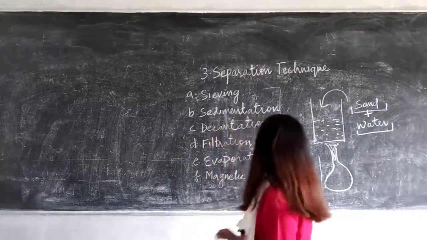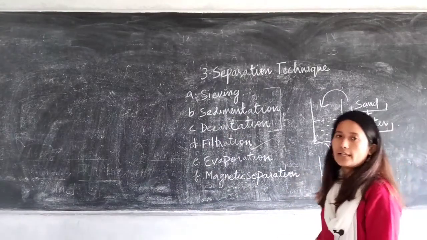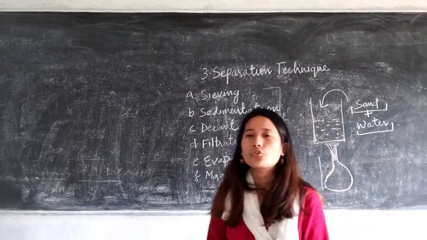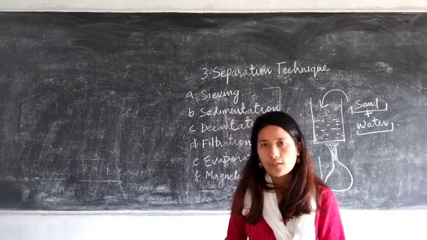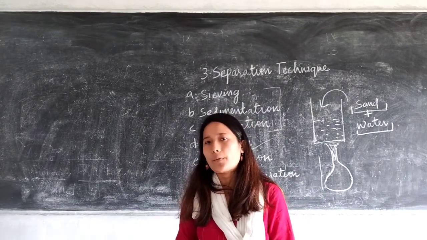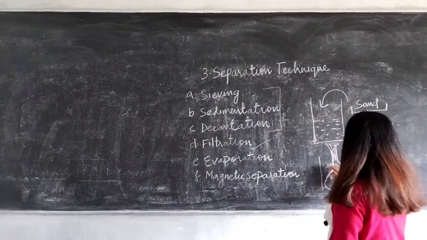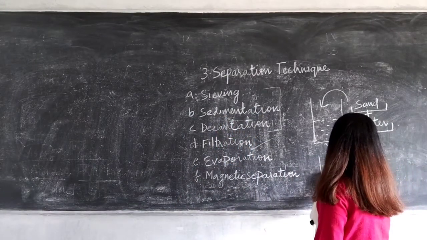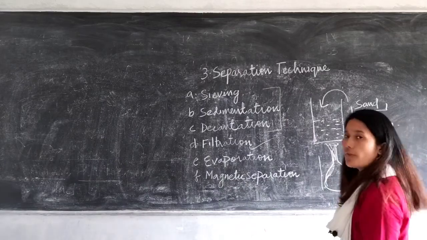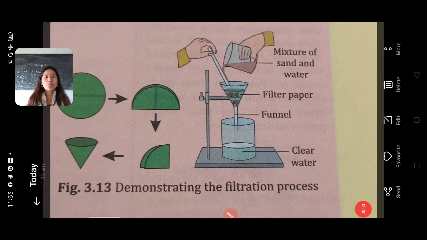Then we will pour this solution through this funnel. When we pour the solution through the funnel, we can observe that the mud will remain back in the filter paper or muslin cloth, and we will get the clear water in this particular flask. So this is filtration.